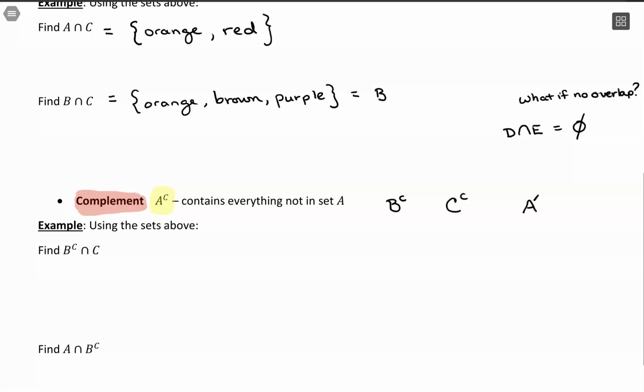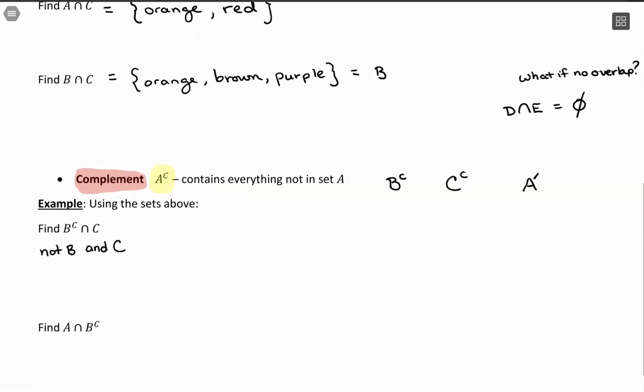Alright, so what we want to find here is an intersection, so I want both of these things to happen. If I just read this quickly, it would be that I want not B and C. Or rather, what might be more helpful is working that differently, because in English that interprets a little differently.